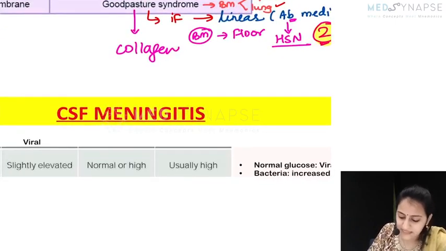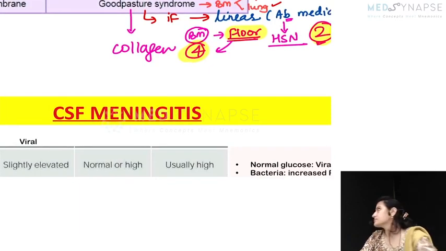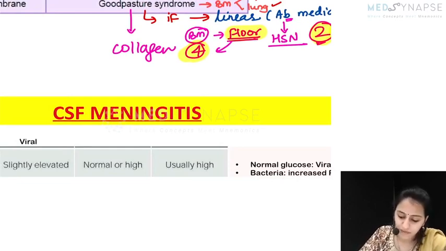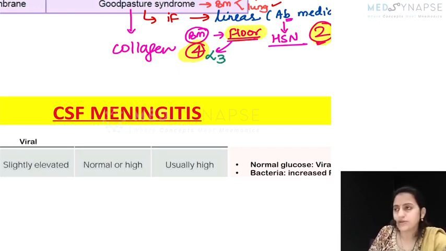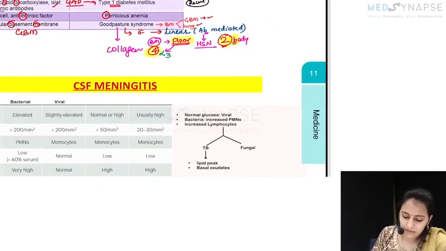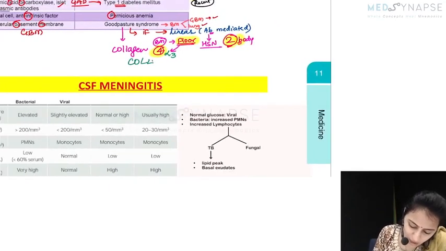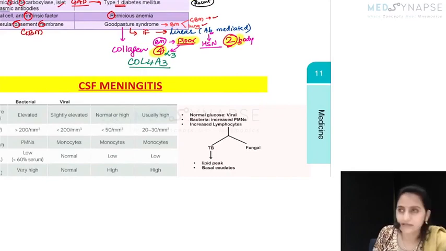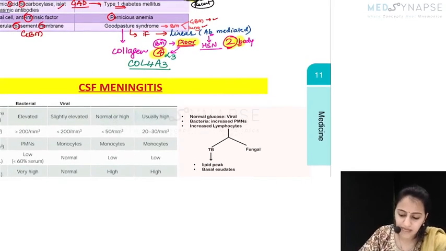Basement membrane is the floor. Floor has 4. So the antibody is basically affecting collagen type 4. Which chain? Alpha 3. Remember what gene it is called? COL4A3. Collagen 4 alpha 3.